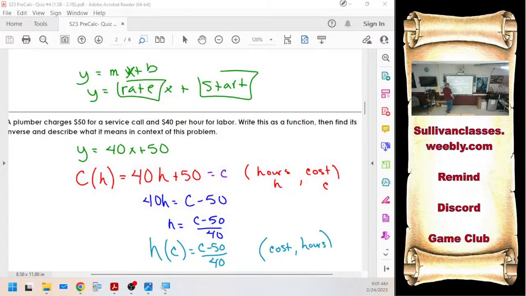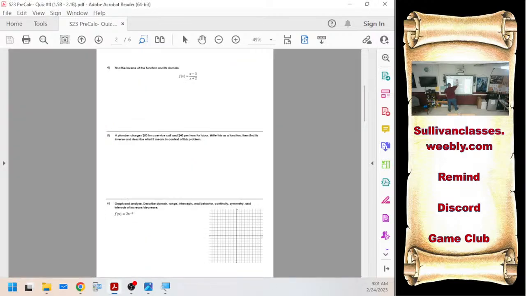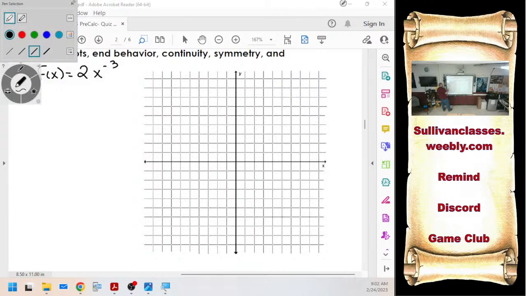And then yesterday, we went on to graph analysis. 2x to the negative third. Okay. If I don't know what that looks like, I better dump it in my calculator. Go find it.